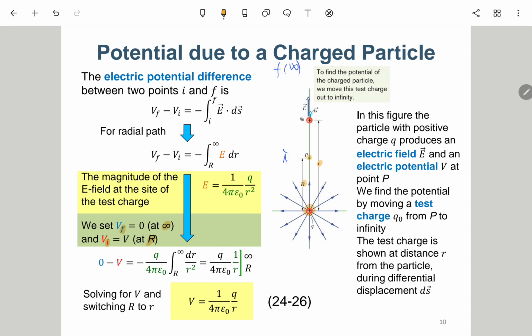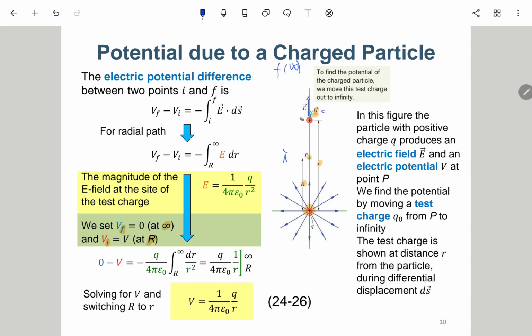Here we assume it is a positive charge, so it will generate an E field pointing upward on this axis, with the same direction as ds.